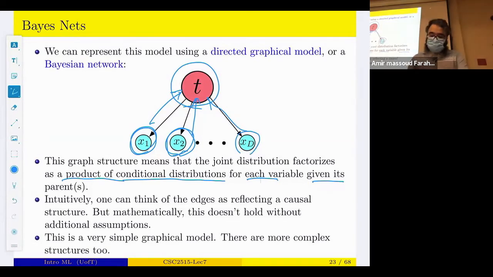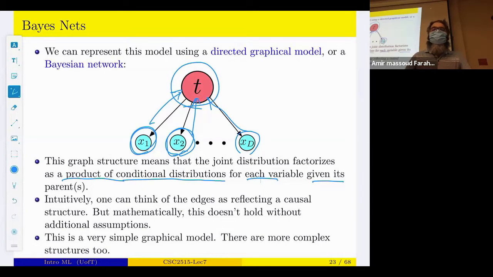Intuitively, maybe you can think of these edges connecting t to x as forming some form of causal structure, that t being spammy causes x to have a certain distribution.